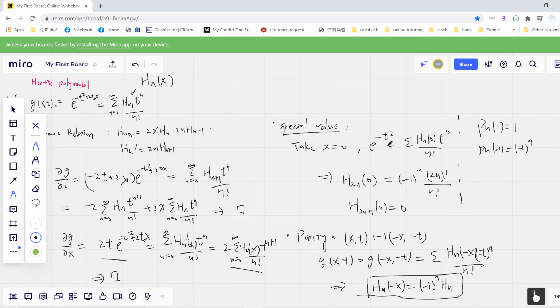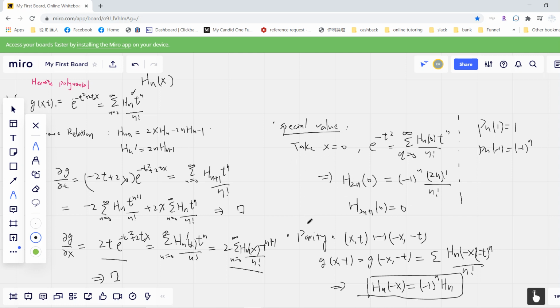So we have this, equals the sum from n equals 0 to infinity. Compare these two, and this exponential of negative t squared only has even powers, so H_{2n+1}(0) is 0, and H_{2n}(0) is (-1)^n (2n)! divided by n!.